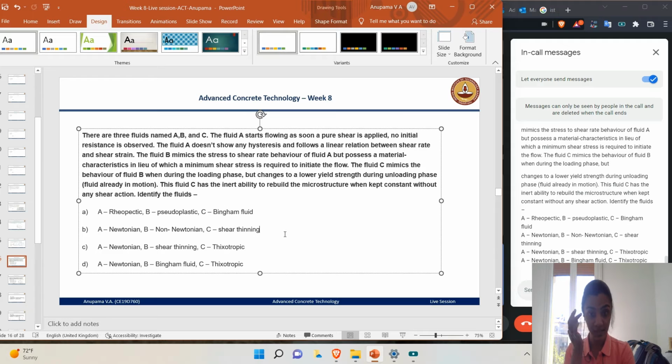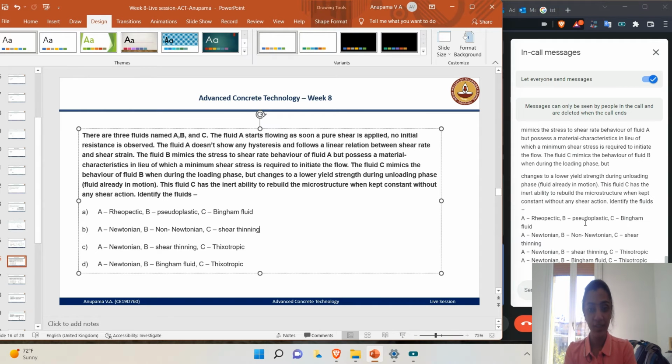Now comes option C. It mimics the behavior of B, but when it is unloaded, it comes to a point where the yield stress is much lesser, and it can rebuild its own microstructure when kept constant without any shear action. Without shearing, the microstructure can be rebuilt. So, what are the types of fluids is the question.